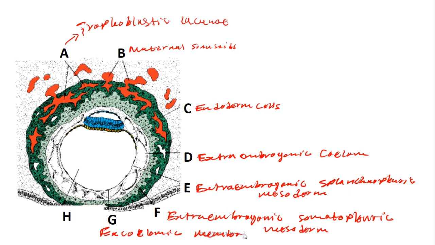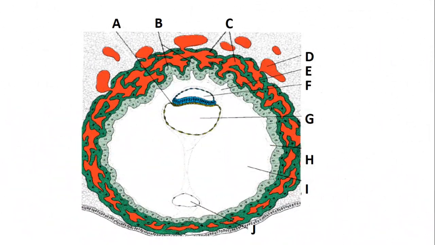All right. Then H is just the primitive yolk sac. All right. So let me quickly move on and look at this other diagram.